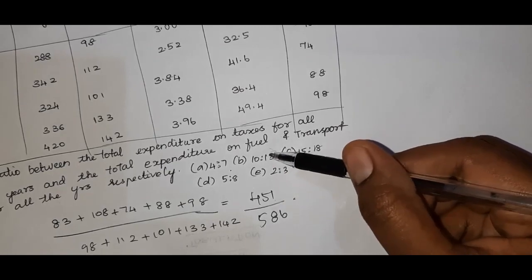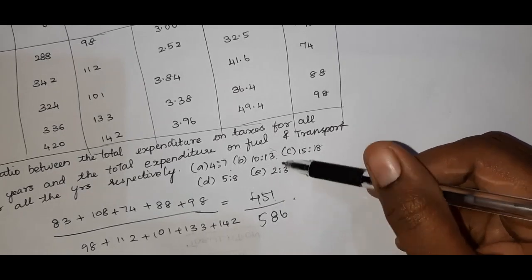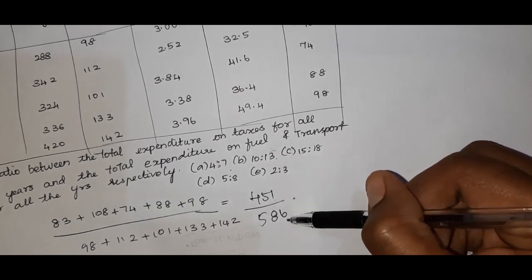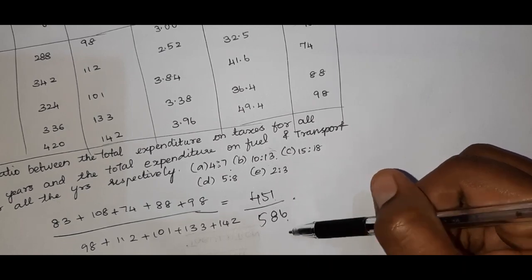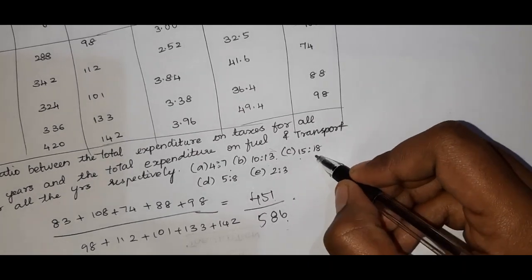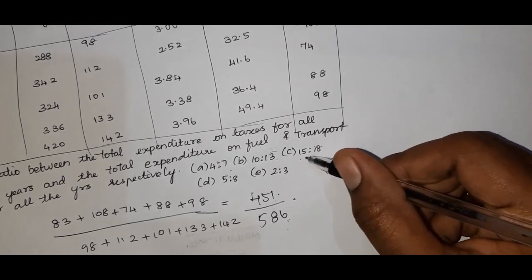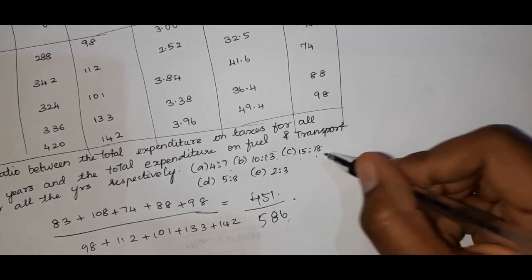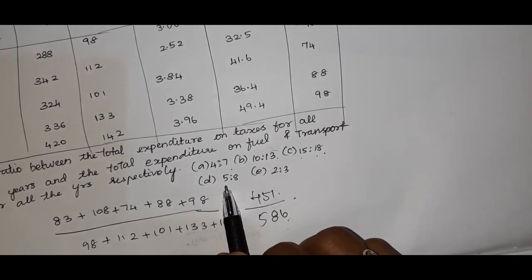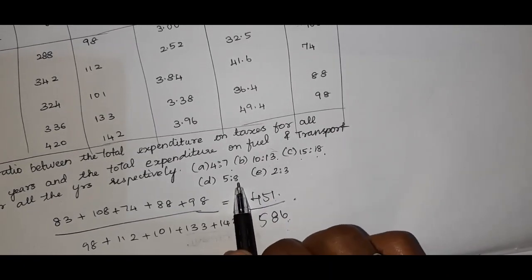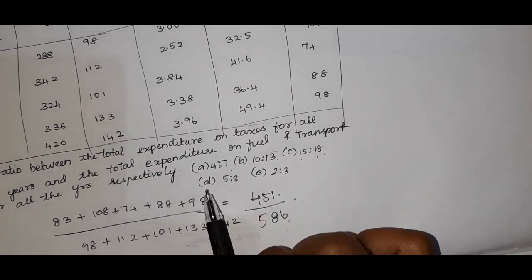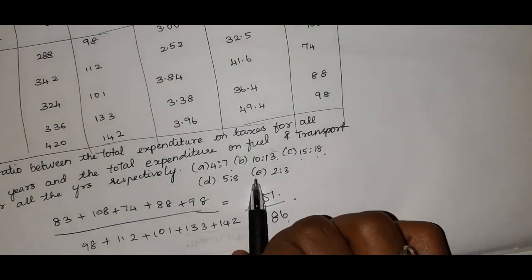But with the 13, we have 3 into 2 is 6, so we can find that the last digit ends with 6. With 15 and 18, whether we get the last digits as 1 and 6 is possible, but we have to check for it. So we go for the next option, 5:8. So we have the options B, C and D. We can eliminate A and E.